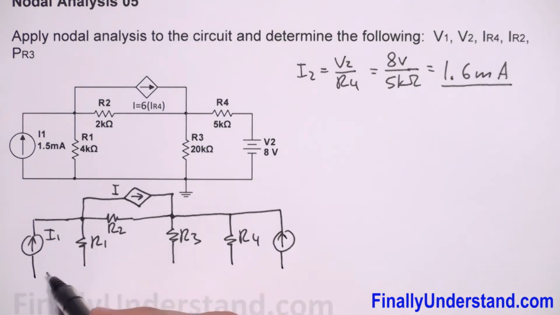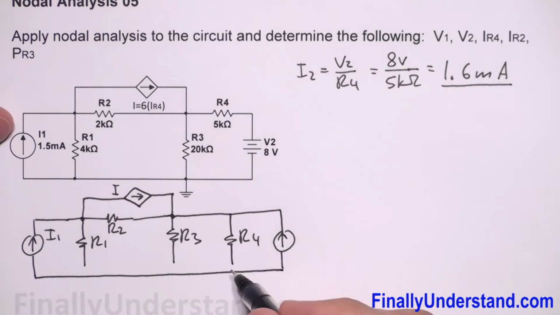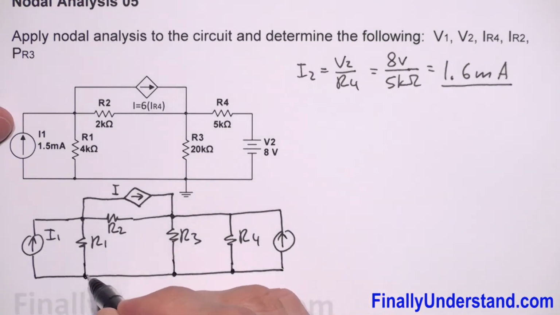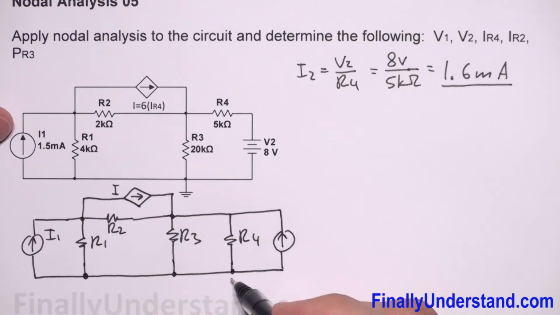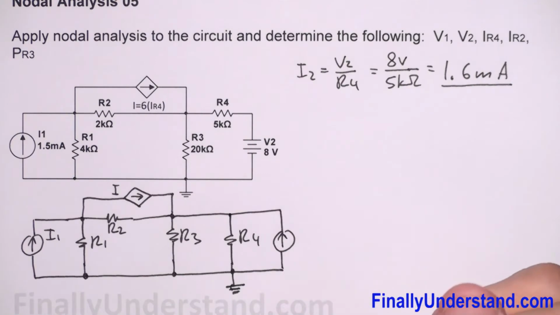Okay, so now I have to connect all these branches together over here at the bottom. This is my reference node, because it's connected to the ground. Now we have to check how many nodes we have in the circuit.